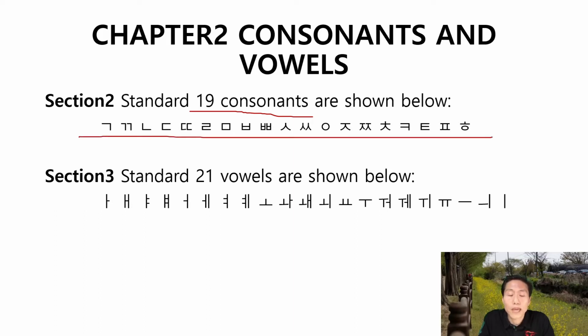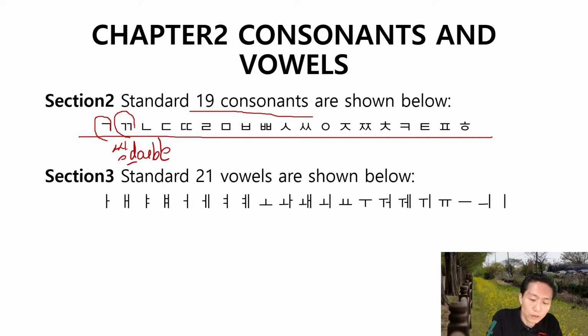And the names of consonants were already taught in the previous class, so you can see how I named them in Korean characters. So at this time, I just pronounce them instead of writing them. Okay, 기역, 쌍기역. 쌍 means what? Double.